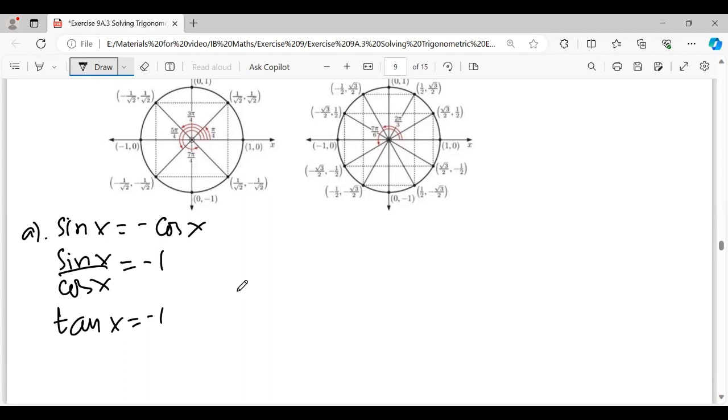And tangent x equals negative 1 are this and this one.